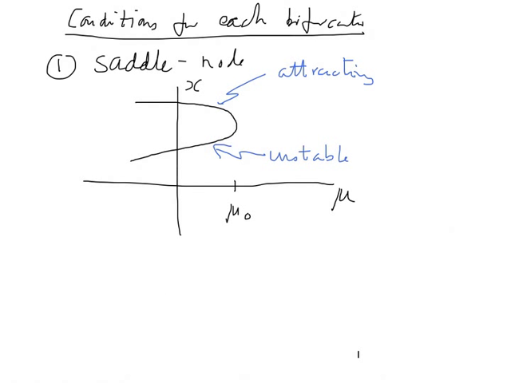So if we look in terms of the eigenvalues of the Jacobian, in the attracting case all the eigenvalues will be in the left half plane, and this is the lambda in C. This is the set of eigenvalues of the Jacobian evaluated at the fixed point in question.